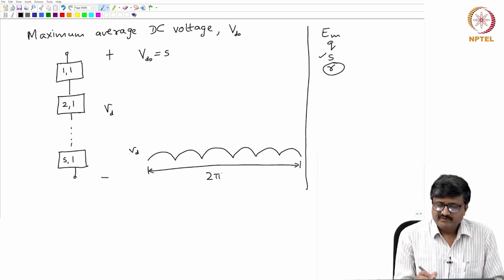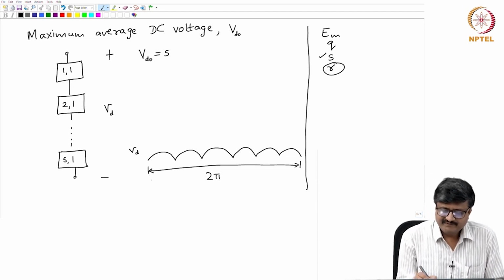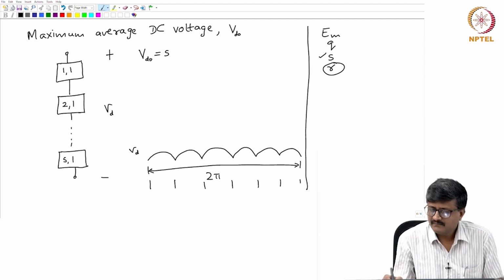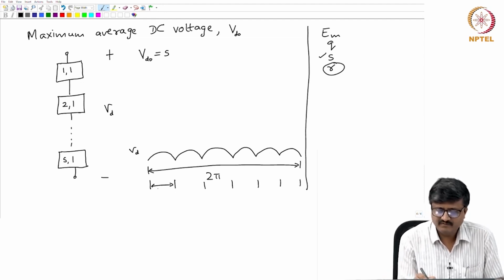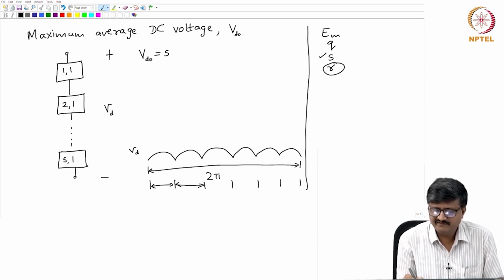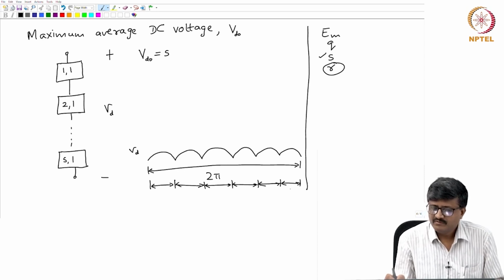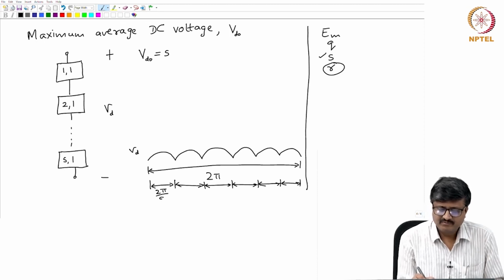Now each of these widths, what is the length of each of these intervals? 2 pi by Q. So this is 2 pi by Q, this is 2 pi by Q, and so on.